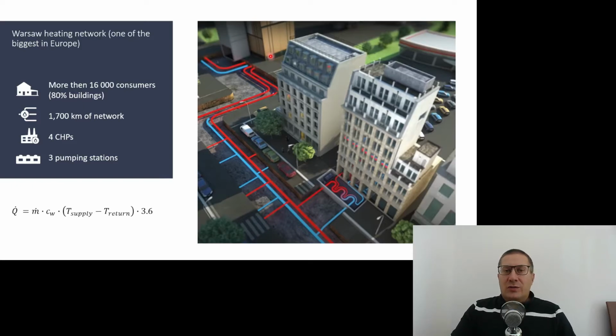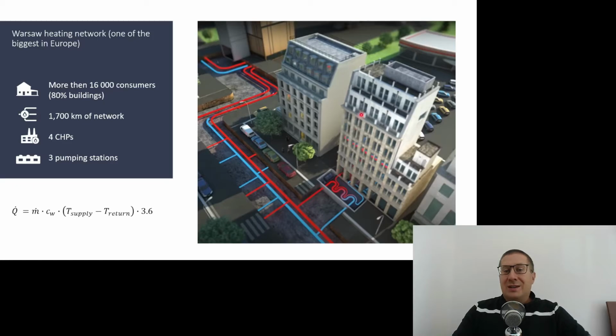The hot water from the CHP plants goes through those pipes. This is called the supply water, and it enters the heat exchangers in the building. There, the heat from the water is transferred to the water that circulates within the building.